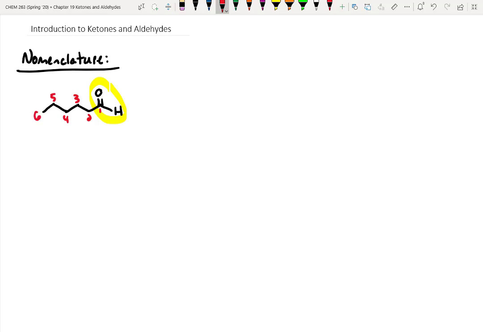So it's going to be 6 carbons long, which means that the parent is going to be hex, indicating 6 carbons, and it's an alkane, so we do AN. And then to indicate that it's an aldehyde, we'd want to change the suffix to AL. So this AL suffix is what is used anytime we're dealing with aldehydes.